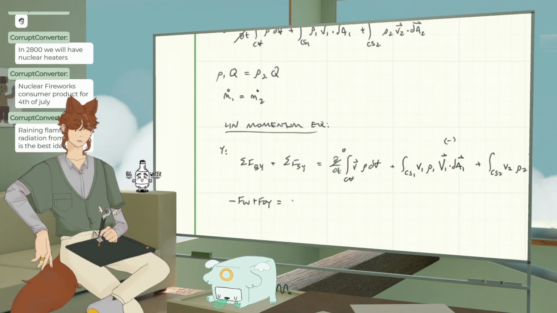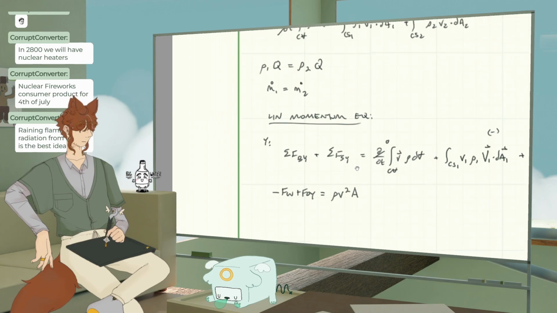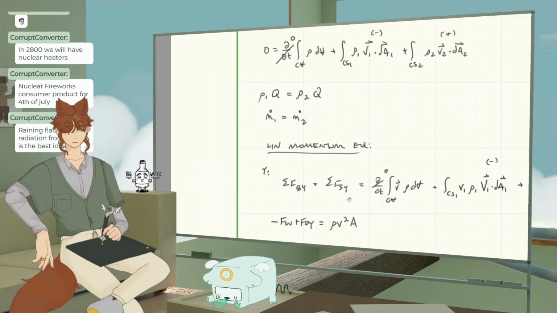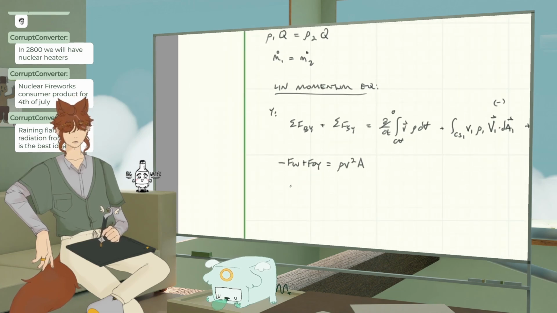So we got V, rho, or I guess rho V, rho V squared A. Yeah. So then FOY equals rho V squared A, which are all things we know. It's water, so that's chill.